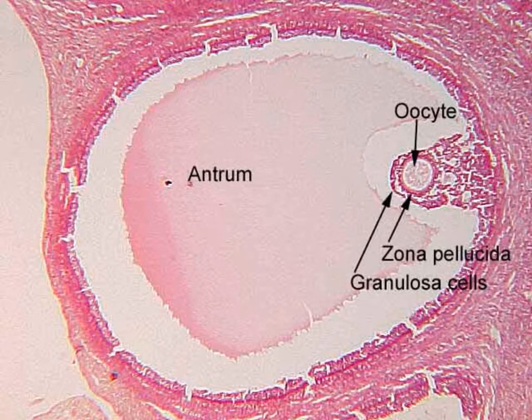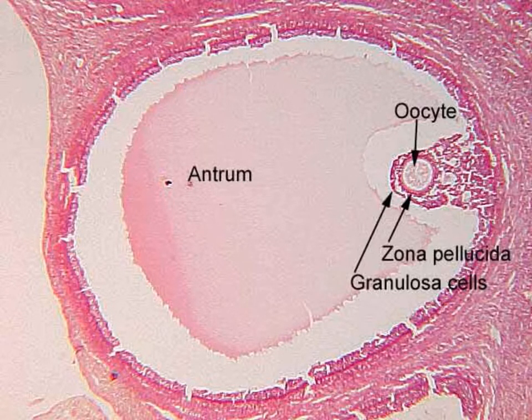Now here we have a mature follicle or a Graafian follicle. We can see the oocyte here with our zona pellucida cells, and then we can see our granulosa cells. This large fluid-filled area is the antrum, and this oocyte is just about to be ovulated.